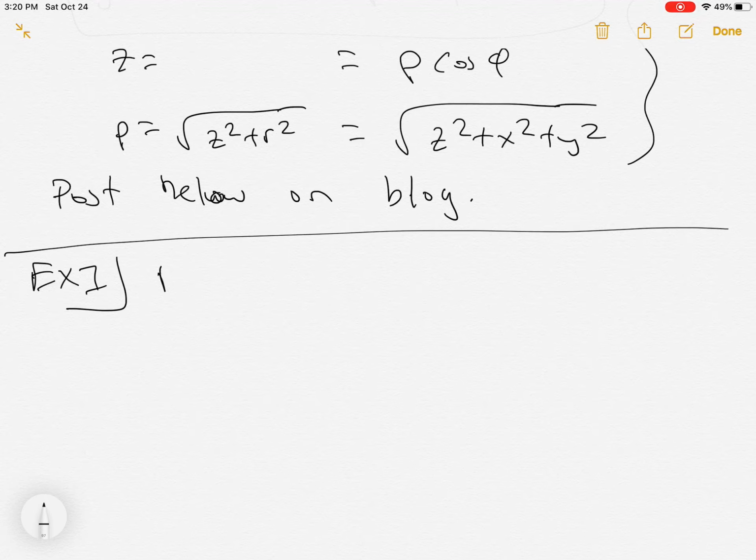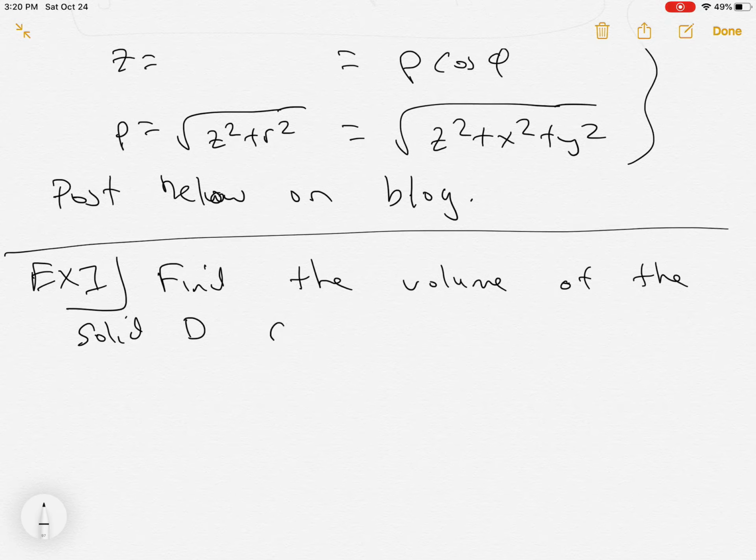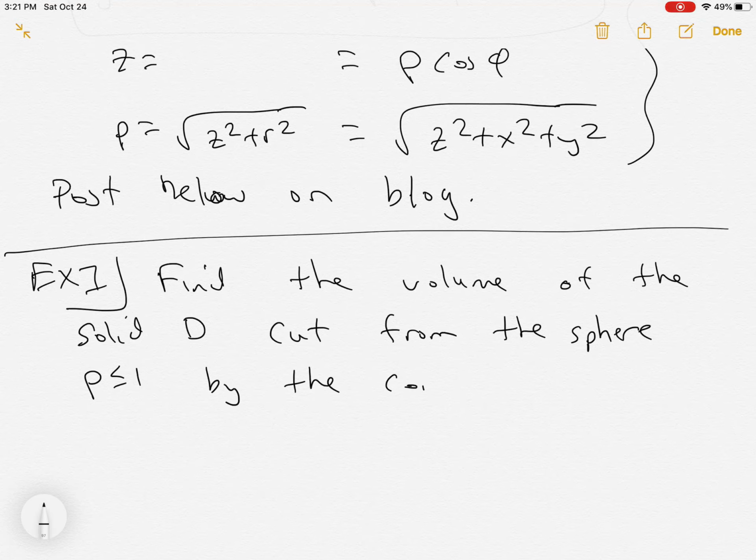So we're going to find the volume of the solid D cut from the sphere rho less than or equal to 1 by the cone phi equals pi over 3.